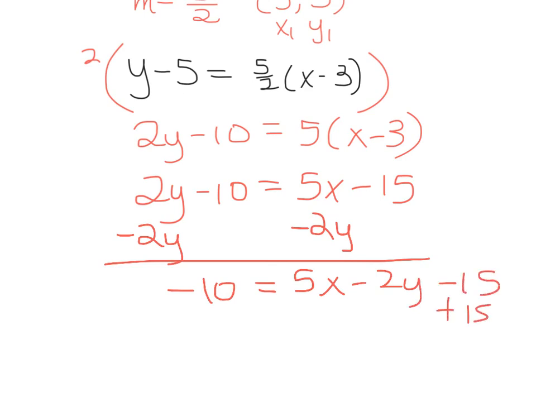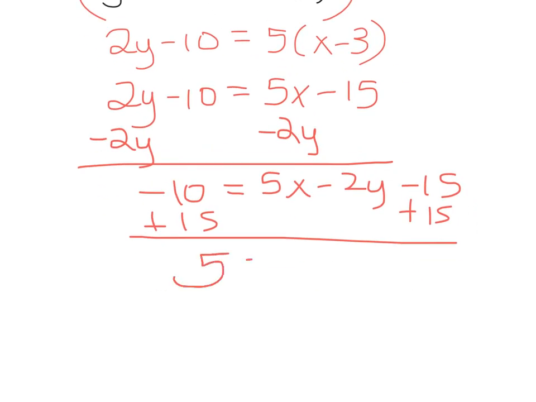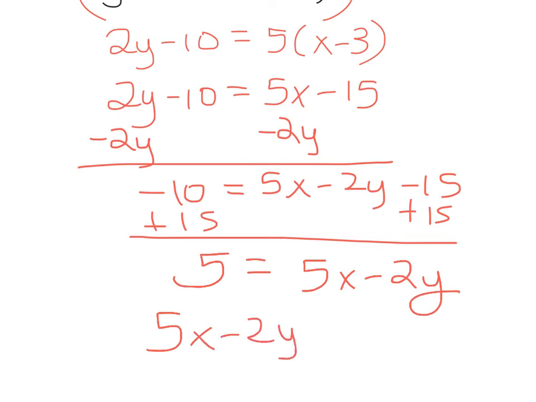Then I'll move the 15 away from the x and the y. And then I get 5 is equal to 5x minus 2y. And then I can just flip it around and write the 5x on the left and then put the 5 on the right. This would be standard form.